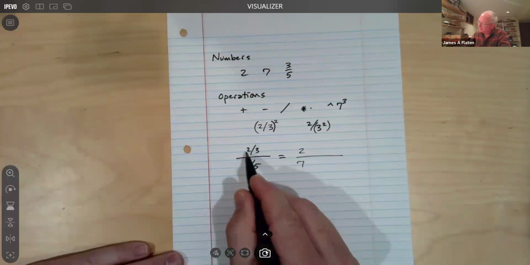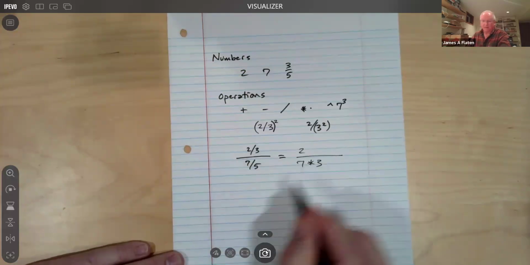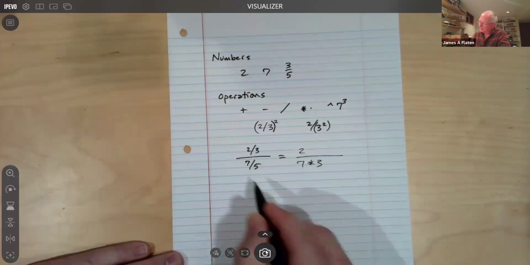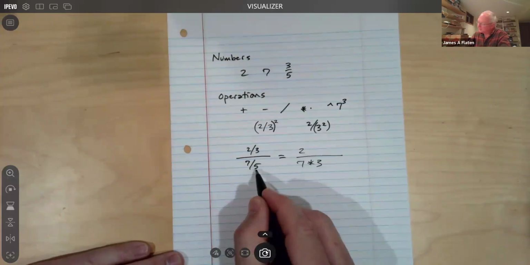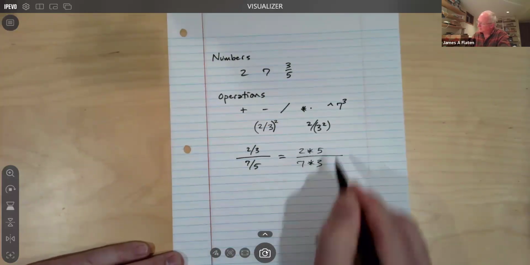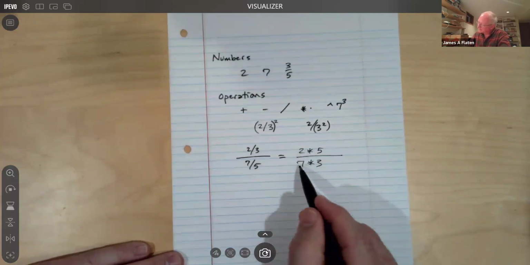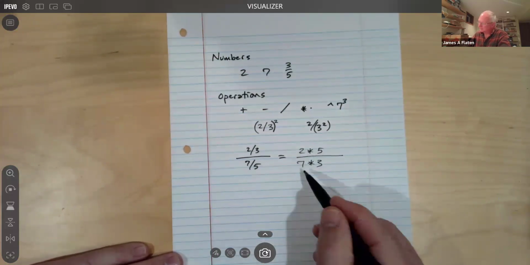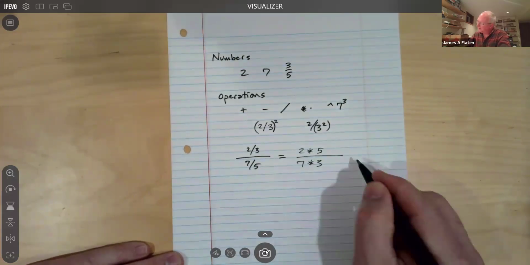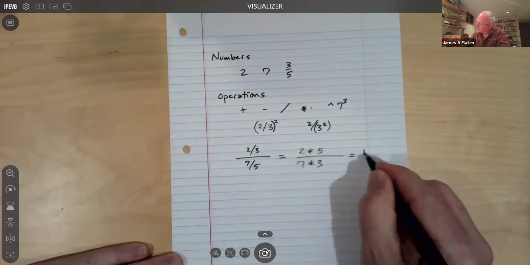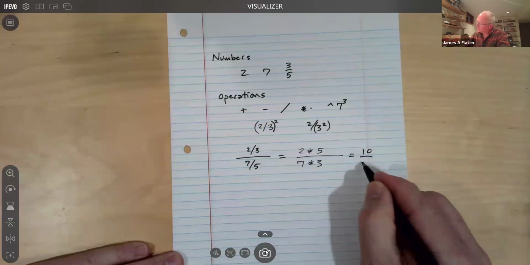But the denominator of a numerator is actually in the denominator of the whole expression. And the denominator of a denominator is actually in the numerator of the whole expression. So there's the 2/3, and there's the 7/5. And notice the 7 stays in the bottom and the 5 ends up on top. And then I could say 2 times 5 would be 10. 7 times 3 would be 21.